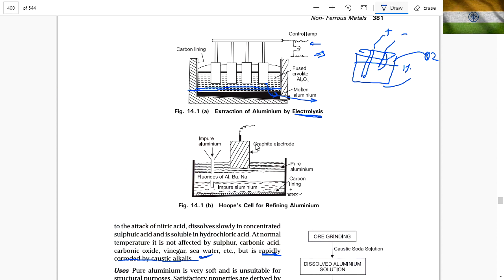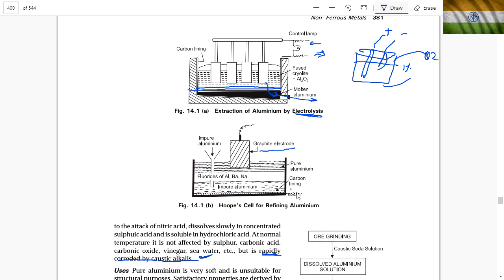Here you use the graphite electrode, and you import the aluminium over here, and when you charge, this is the positive charge and this is the negative charge.